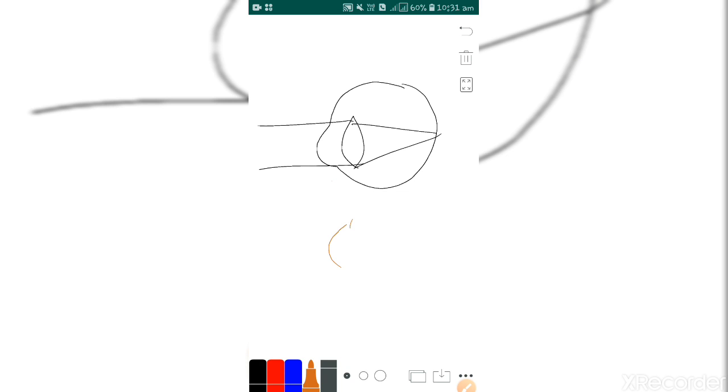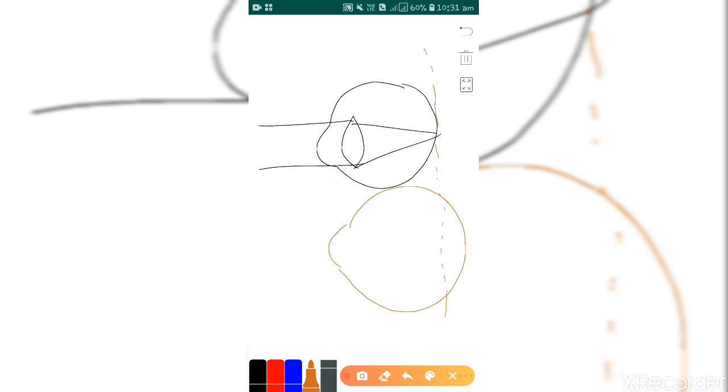The eye is a little elongated. See, like this. Due to the elongation of the eye, the retina should have been here, but actually it is not here. The retina was supposed to be at this point, but now due to the elongation it is here. So what happens?